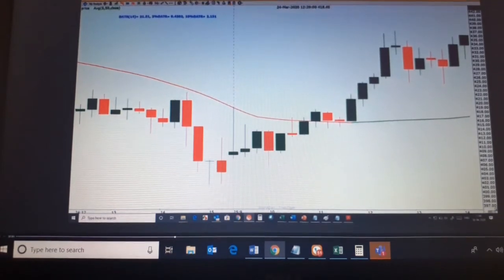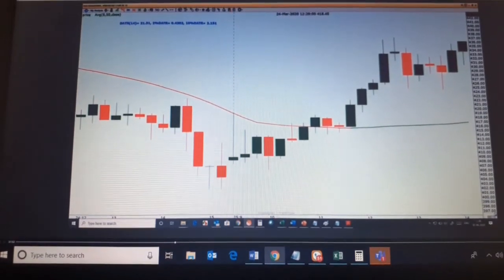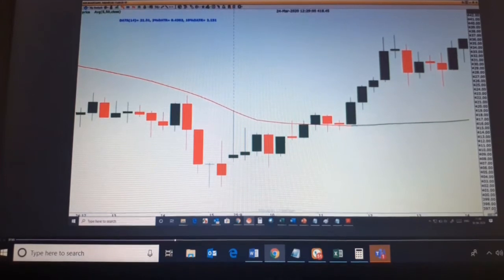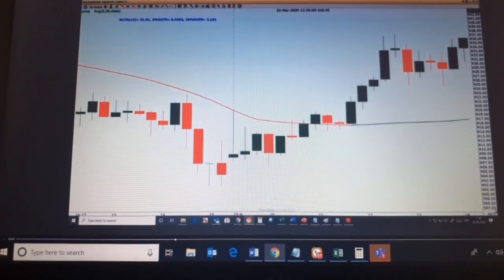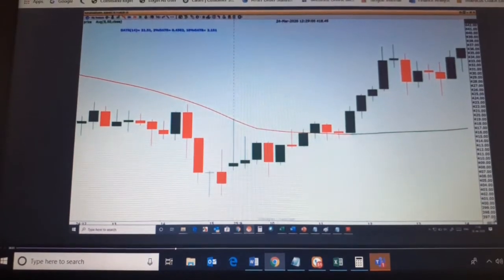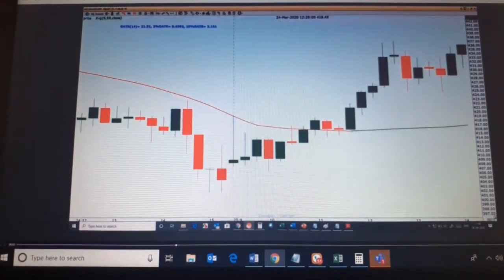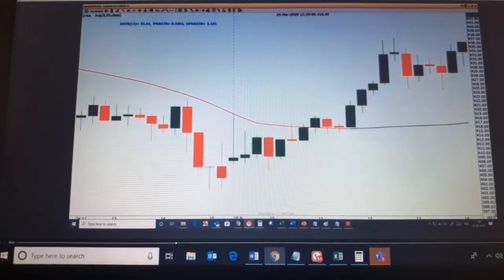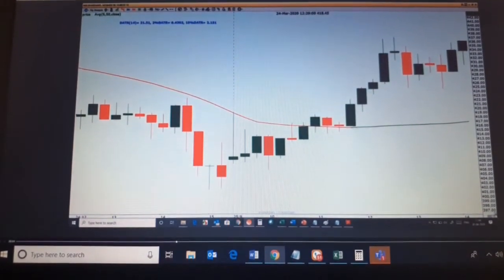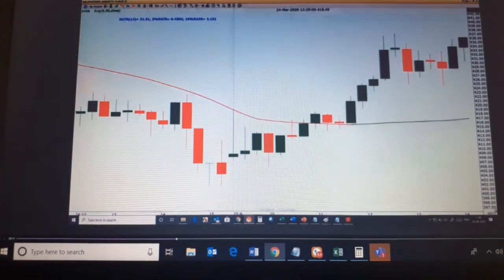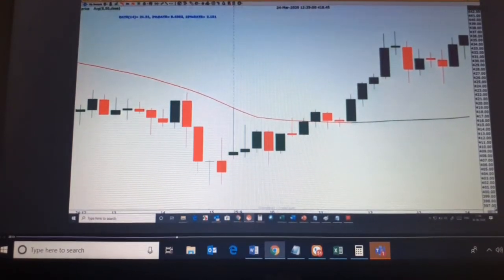The highest body is the proximal point, and the lowest wick point is the distal line. But in a continuation pattern, neglect the leg-in candle. If the leg-out wick is lower than the base wick, then you have to consider the leg-out wick to draw your distal line.